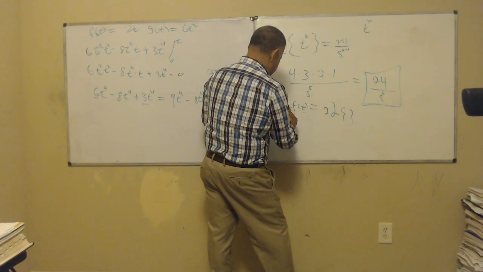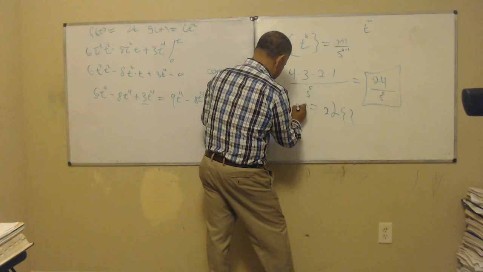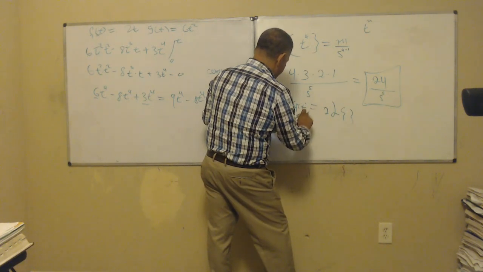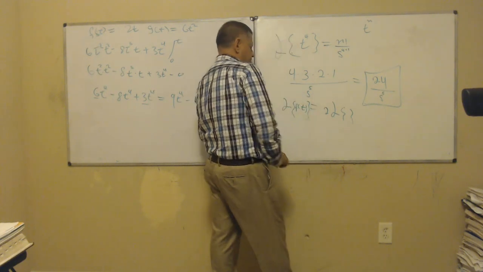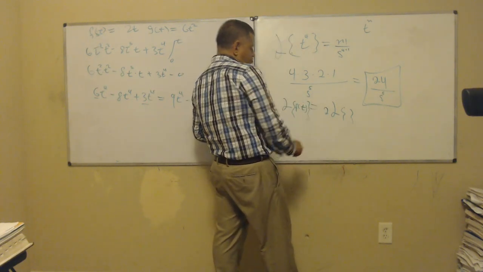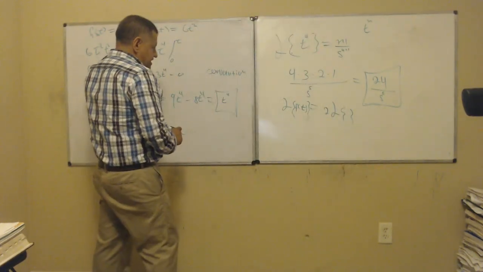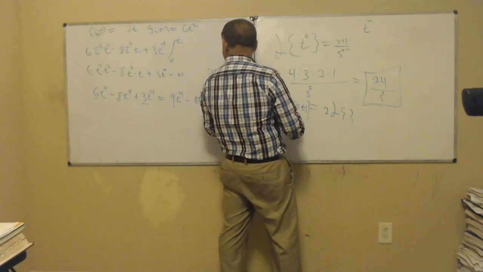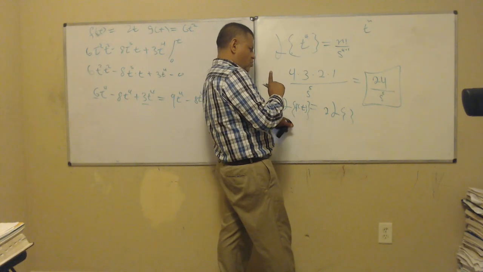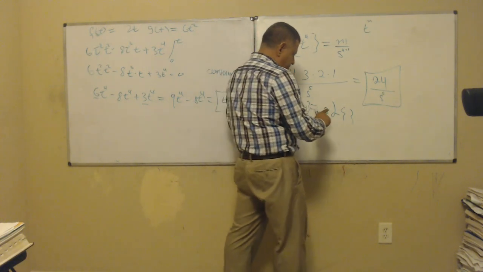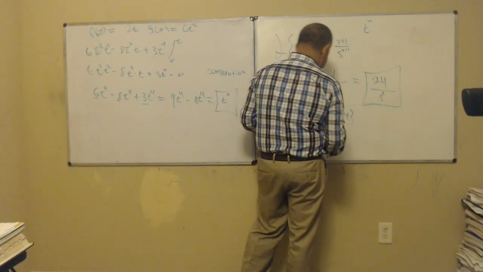And usually we try to do some curly brackets. So right here I have a t, and that t is to the power of 1. So it's going to be t inside it.